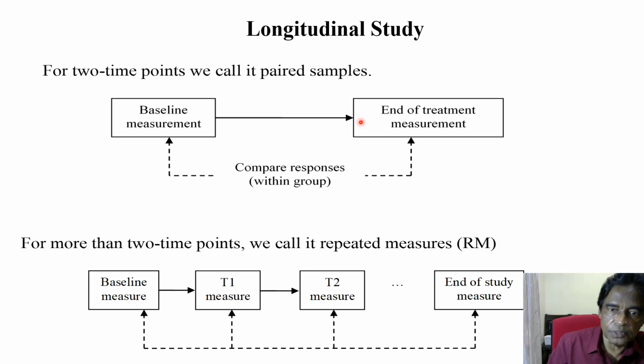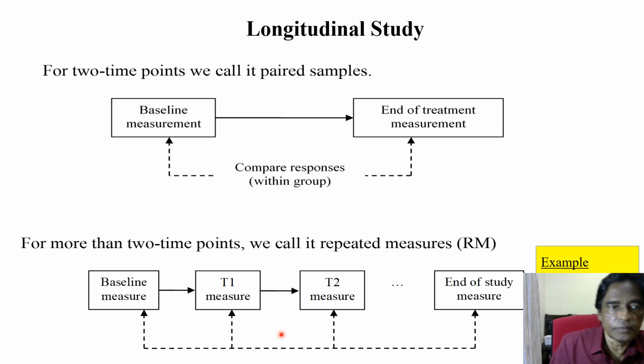We can also go further. Instead of 2 time points, many study time points, until the endpoint. More than 2 time points. We call it repeated measures. Longitudinal study, many time points.